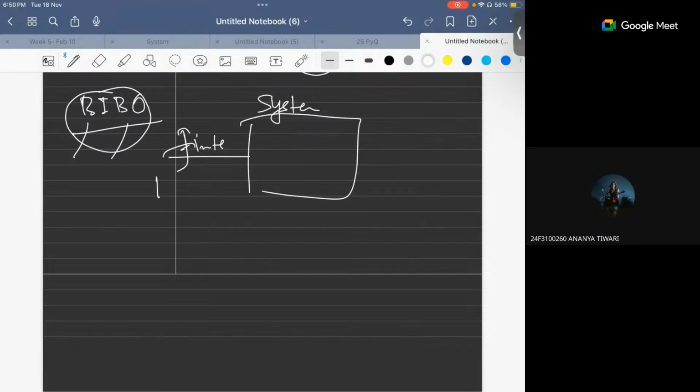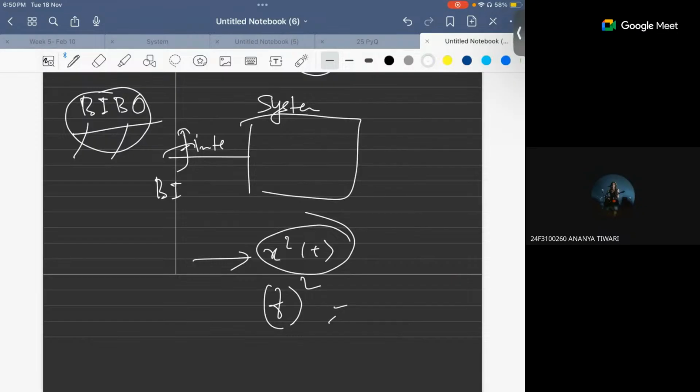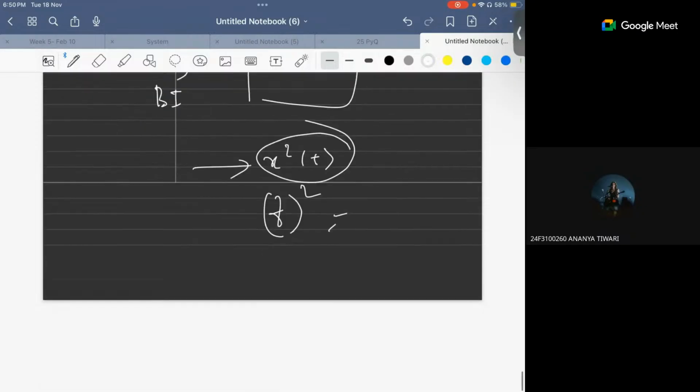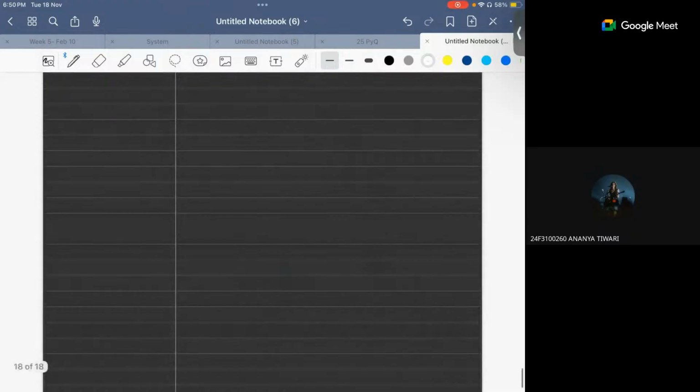So if we put a finite value, the square of a finite value is also finite. It can't be infinite. So that's why x square is BIBO stable. Clear with everybody, right?